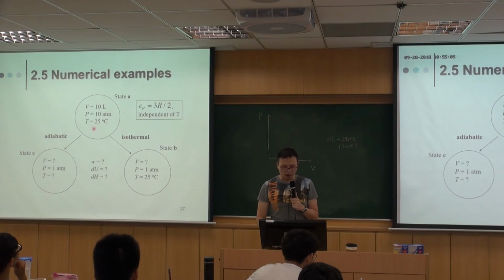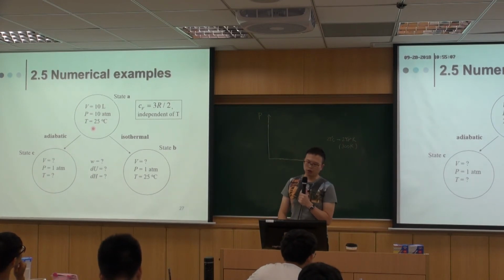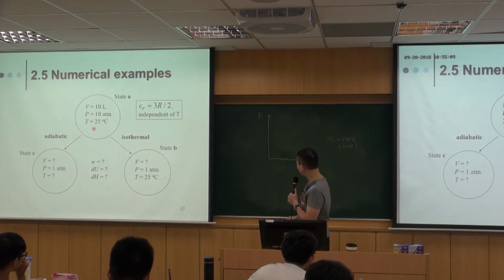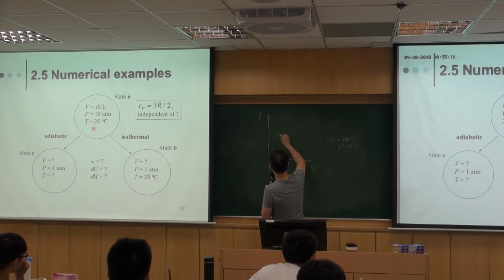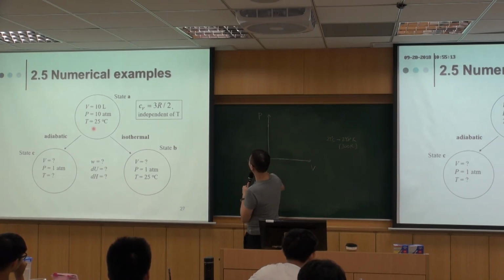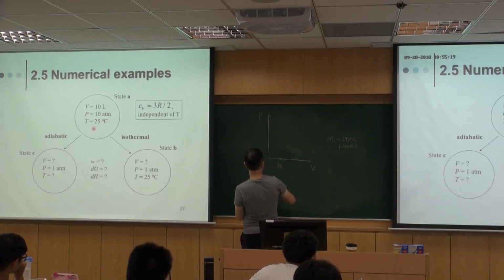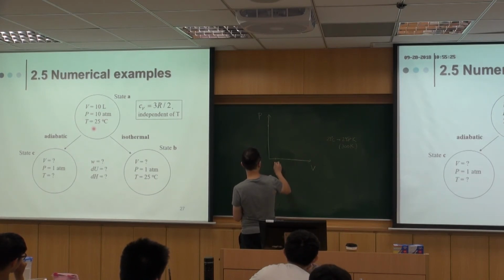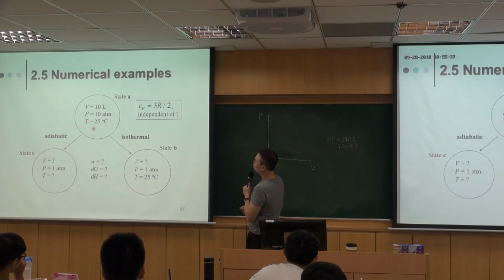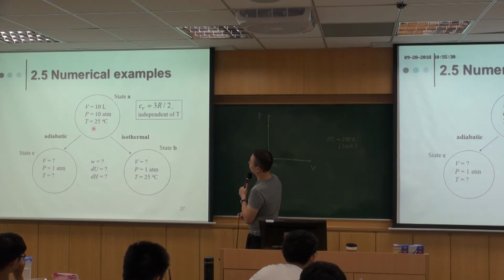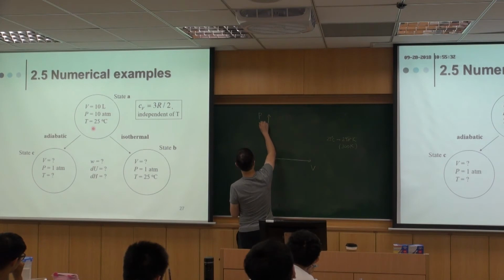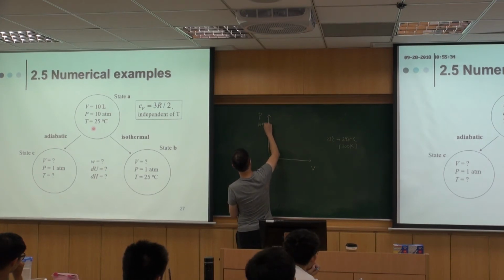The system will undergo 2 different processes, isothermal and adiabatic, and we already know that. Let's say the volume is 10 liters, here, and the pressure, let's say 10 atm, which is here.